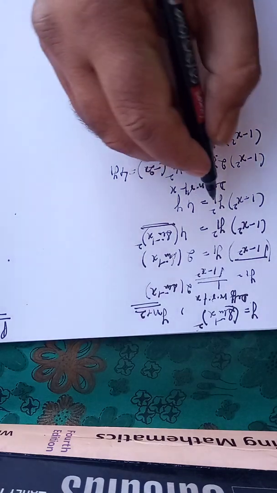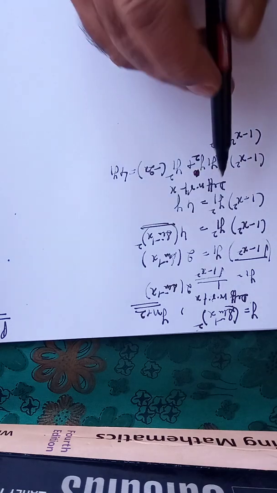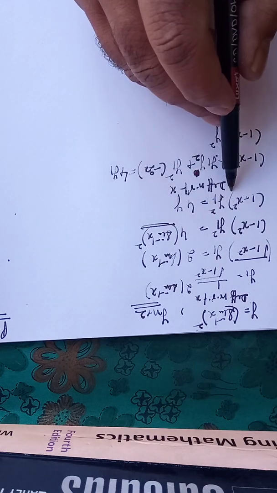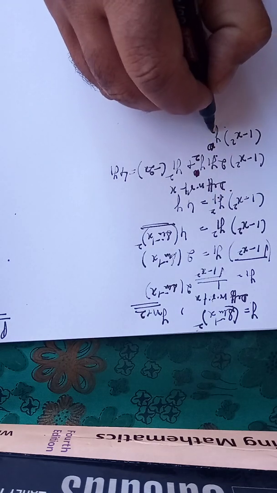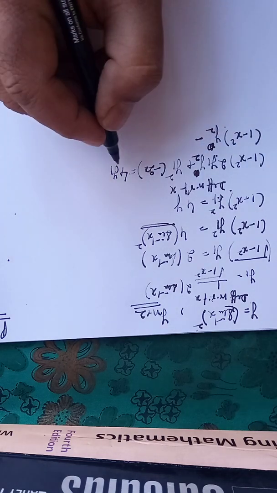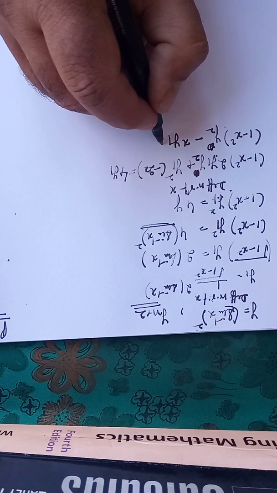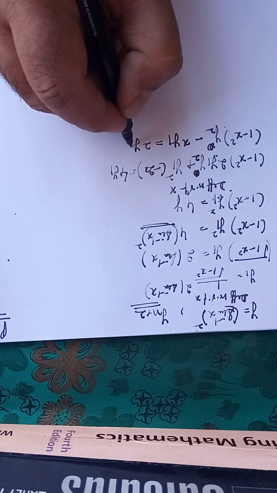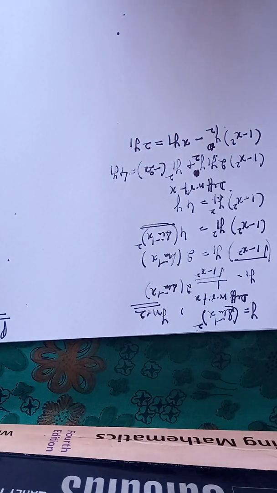This is y2, not y1 square. Derivative of y1 square is twice y1 and derivative of y1 is y2. Now the 2 cancels out. So this is x y1 equal to y1, because I have taken 2y1 common on both sides and cancelled it.